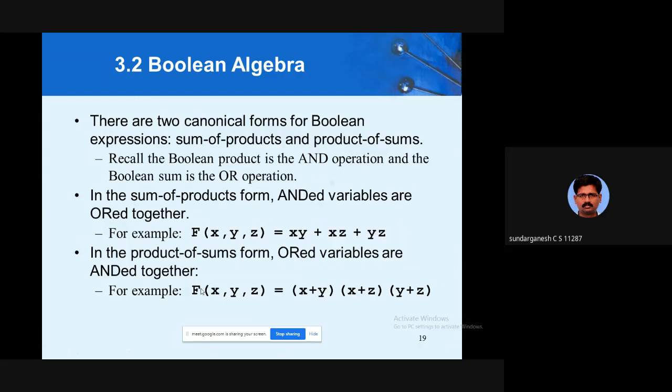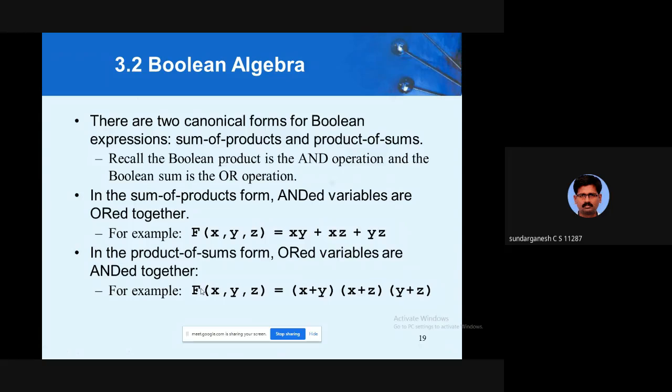One is called sum of products, and another one is called product of sums. So sum of products means there are different products, and finally it is summed up. Product of sums means there are different sums, and finally they are multiplied. Okay. So in the first example, SOP form, sum of products, there are different products like xy, xz, yz. And you have to sum up together to find the original value.